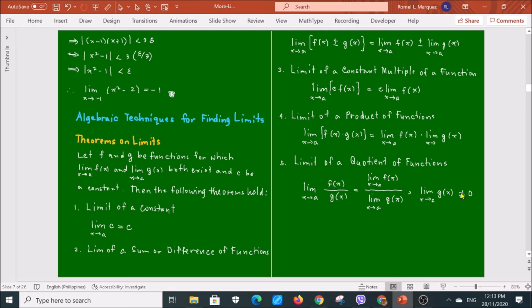So meaning you cannot split this quotient into a quotient of limits if the denominator's limit is equal to 0. Okay? So that's what it means.